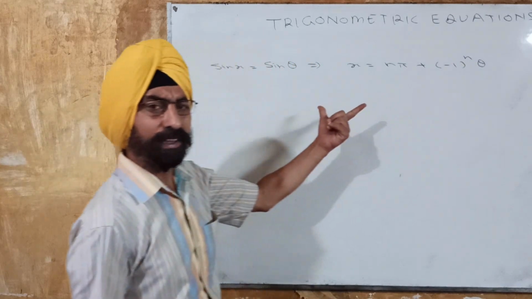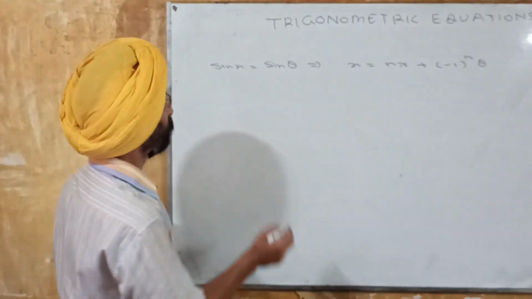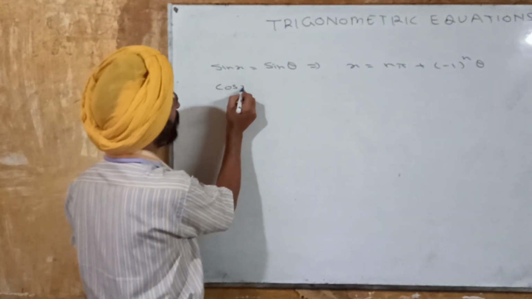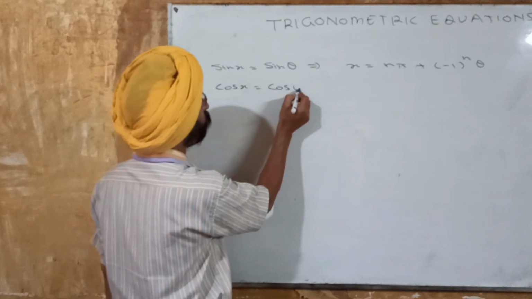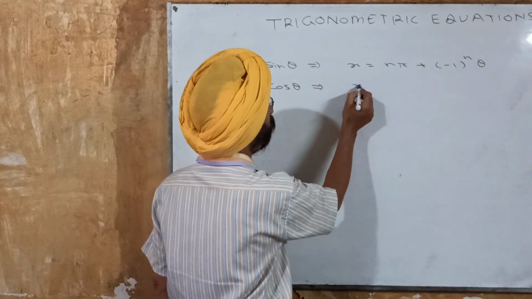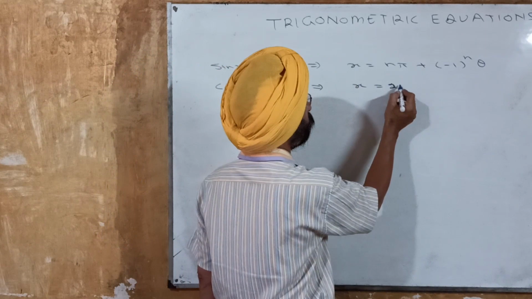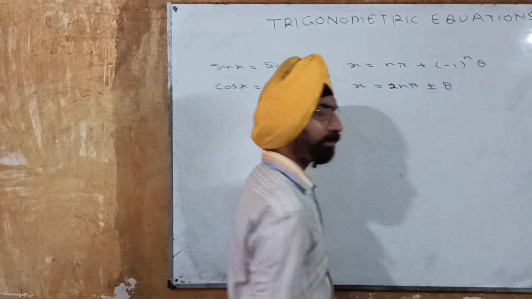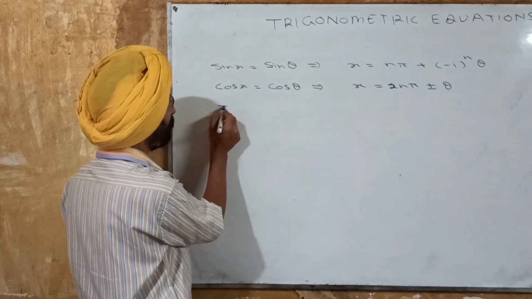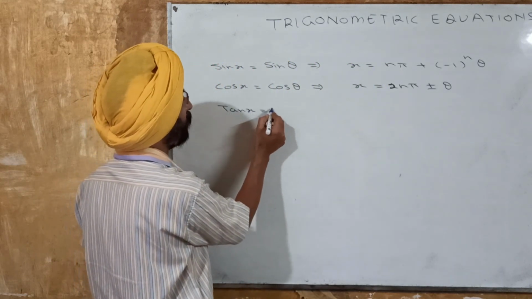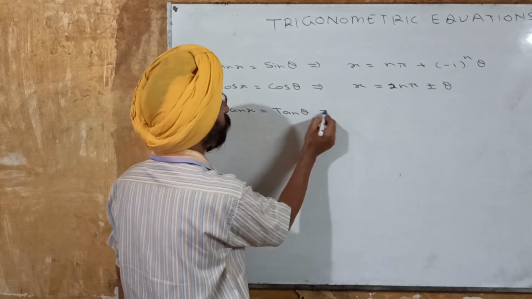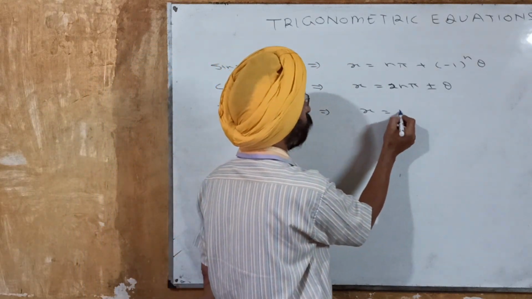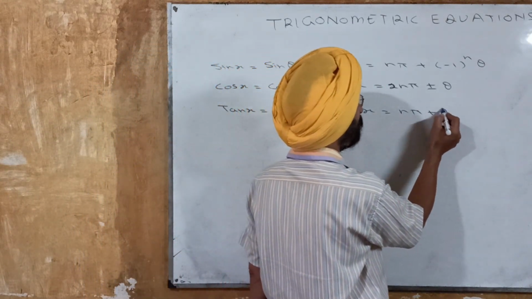This is the first result we have obtained in this video. If cos x is equal to cos theta, the result is x is equal to 2n pi plus minus theta. When tan x is equal to tan theta, your result is x is equal to n pi plus theta.